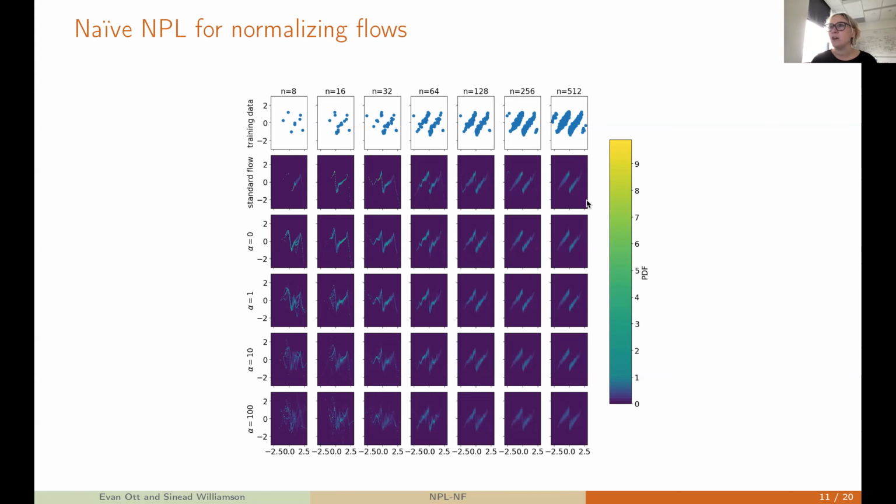So fine if we've got lots of data, overfitting to small data. As we go down here, I've got those non-parametric learned versions, first with alpha equals 0, so that's like a Bayesian bootstrap based on the data, and then increasingly high alpha concentration parameter with a base measure that's just a spherical Gaussian, right, centered on the data.